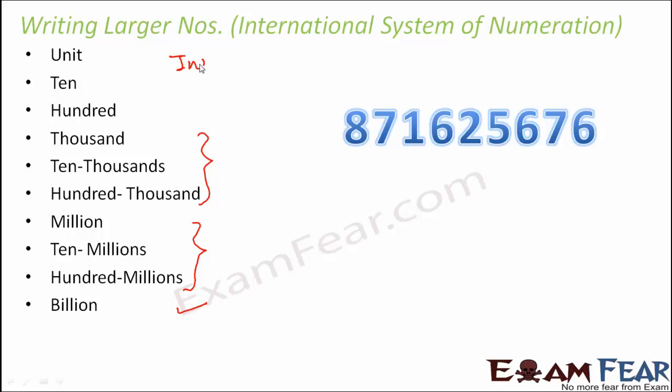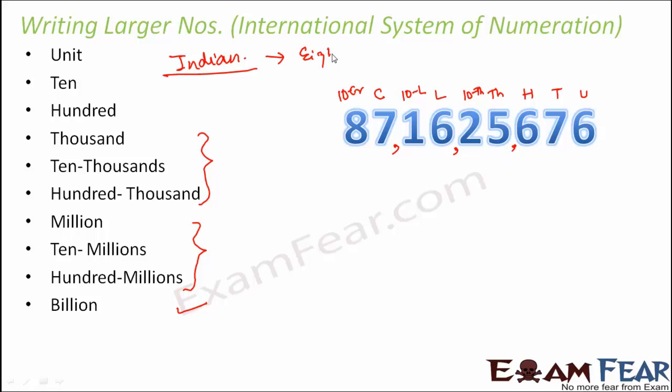Now as per the Indian system, how do you locate the position? Let's say this is units, tens, hundreds, this is thousands, this is 10,000s, this is lakhs, this is 10 lakhs, this is crores, and this is 10 crores. So if you have to put commas, you would put them something like this, right? So in this case, what would be the name of this number?